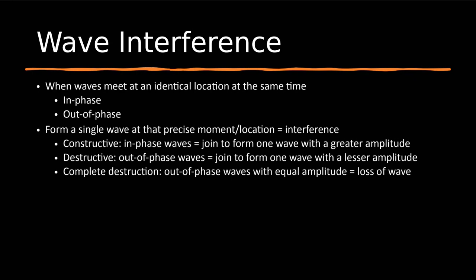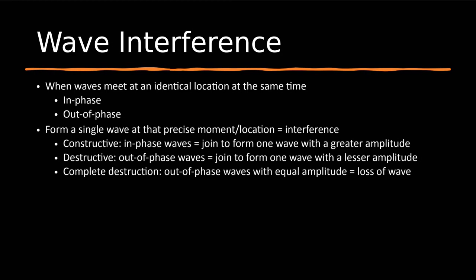Now, when you have those out of phase waves, they're still going to join to form one wave, but it's going to have a smaller amplitude. So now you're subtracting the amplitude of the smaller wave from the larger wave, and you're getting one single, overall smaller wave. That's going to be considered destructive interference. Now, when you have two out of phase waves with equal amplitudes, this means you're getting zero, right?